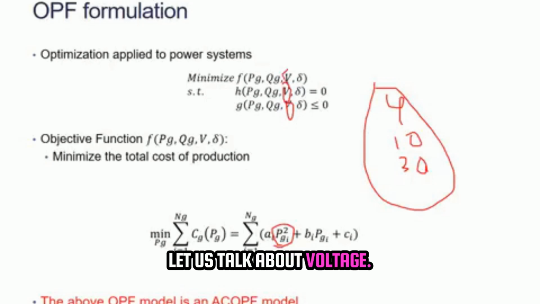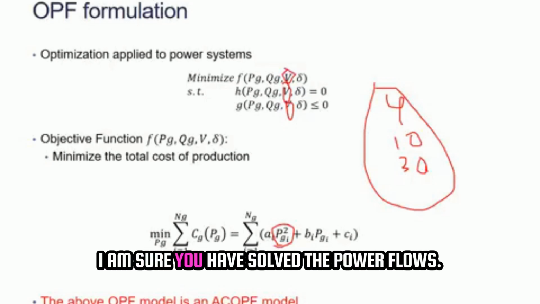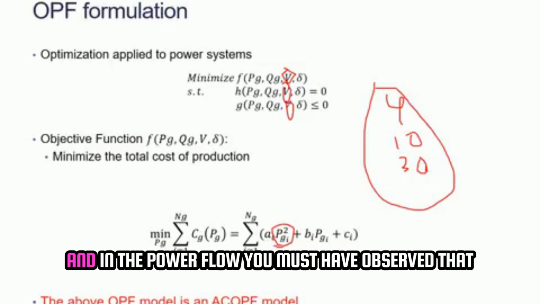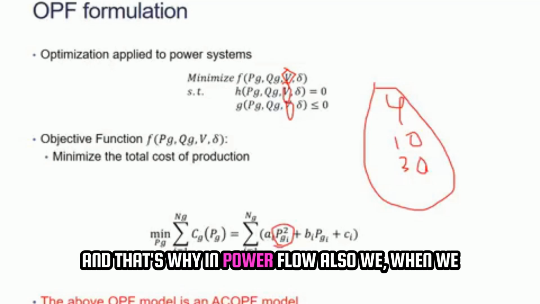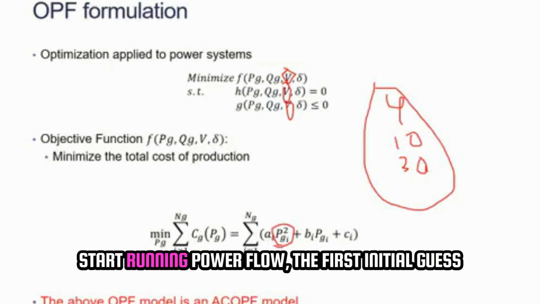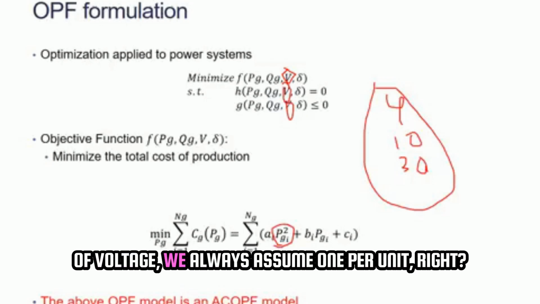But what we can do is make one assumption, let's say about voltage. I'm sure you have solved power flows, and in power flow you must have observed that the voltage always remains close to 1 per unit. That's why, when we start running a power flow, the initial guess of voltage we always assume is 1 per unit, right?